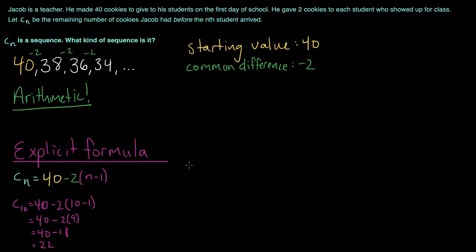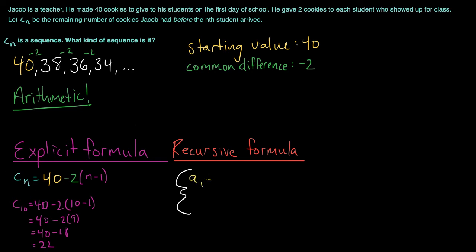Let's write out the recursive formula for this situation. This is the recursive formula, or the recursive form of the equation. And remember, for the recursive form, we use these same 2 pieces of information, but we write it out as a piecewise function. So we use these curly braces here, and we write out what our a sub 1 value is equal to, which is 40. And then we write out what our a sub n value is equal to.